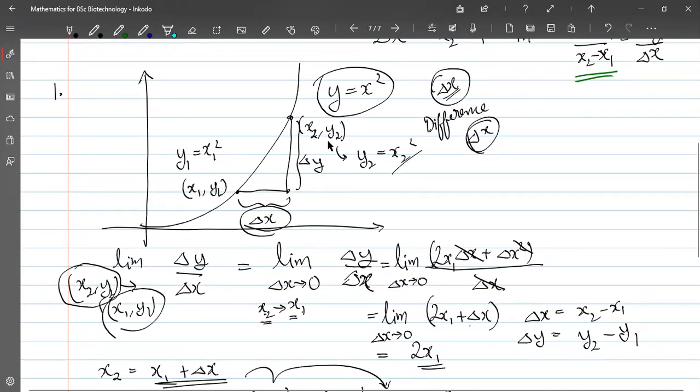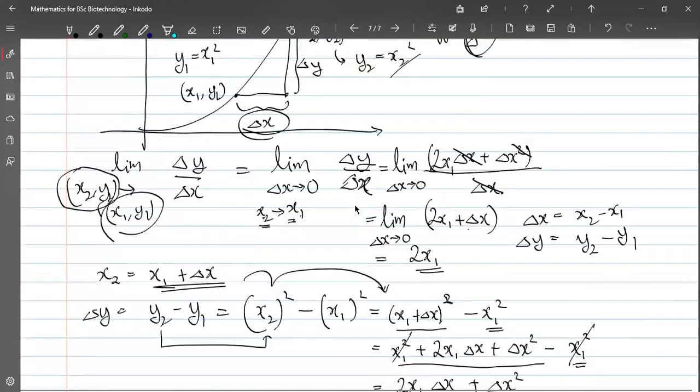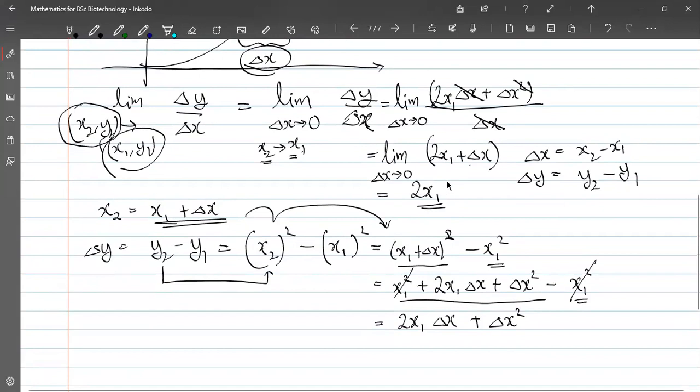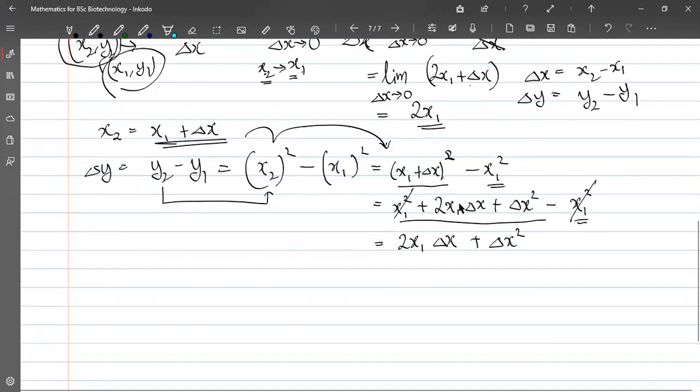Similarly x2 and y2, but x2 and y2 don't matter really because we're going to find the limit as the x2, y2 point approaches x1, y1. So all that matters is what is x1, because everything else is determined in terms of that. And the final answer also is just 2x1, clearly a function of only x1. Right? It depends only on x1.